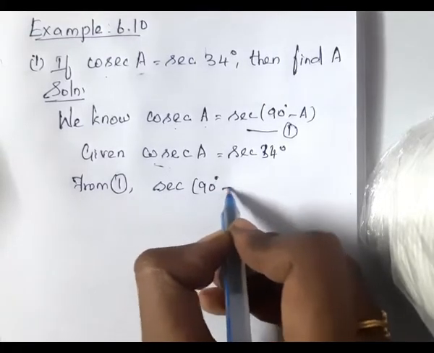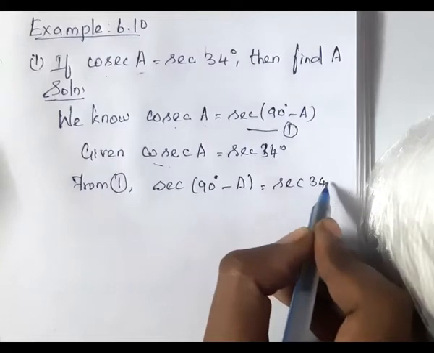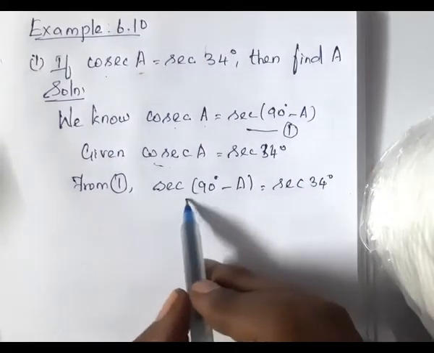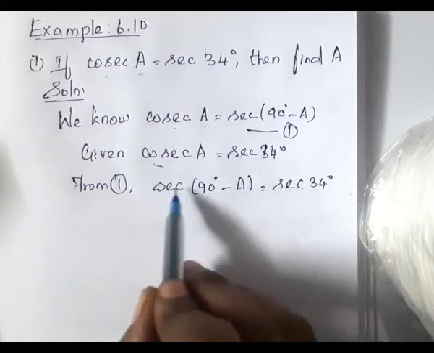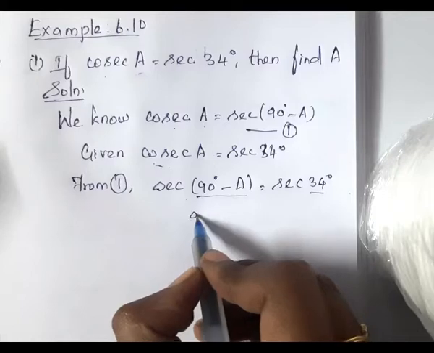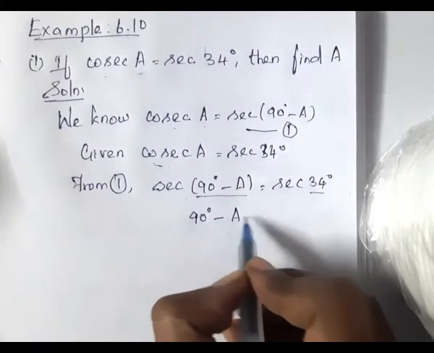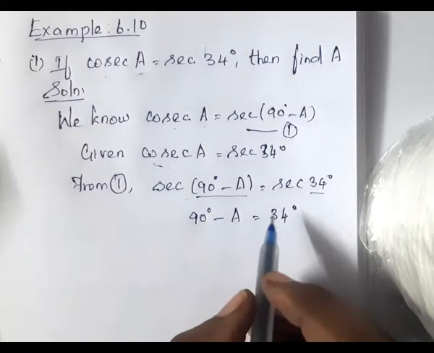Secant 90 degree minus A equal to secant 34 degree. So, both terms are equal, so we can say the angles are equal. So, 90 degree minus A equal to 34 degree. So, from here we can find the value of A.